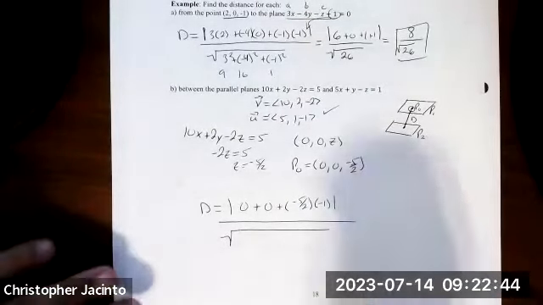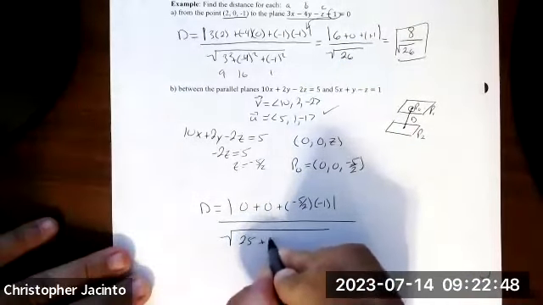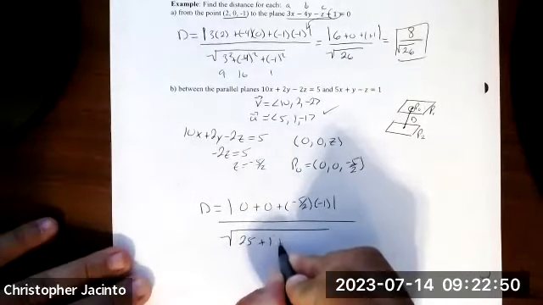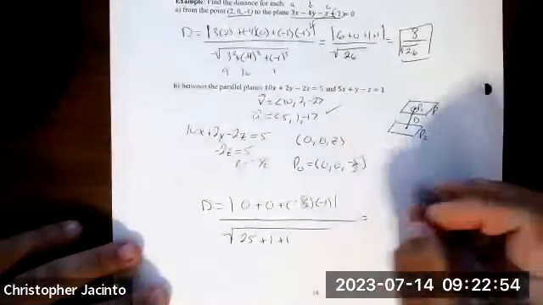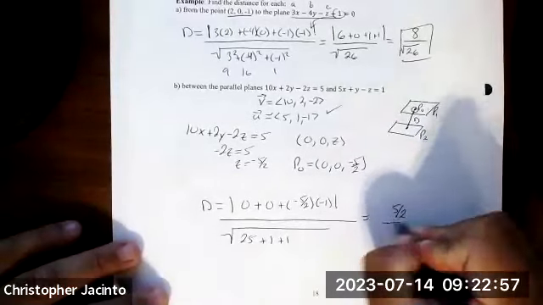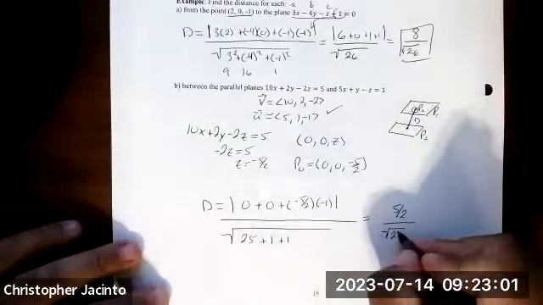So that's going to be the square root of 5 squared plus 1 squared plus 1 squared. So this gives me 5 halves on top over the square root of 27.